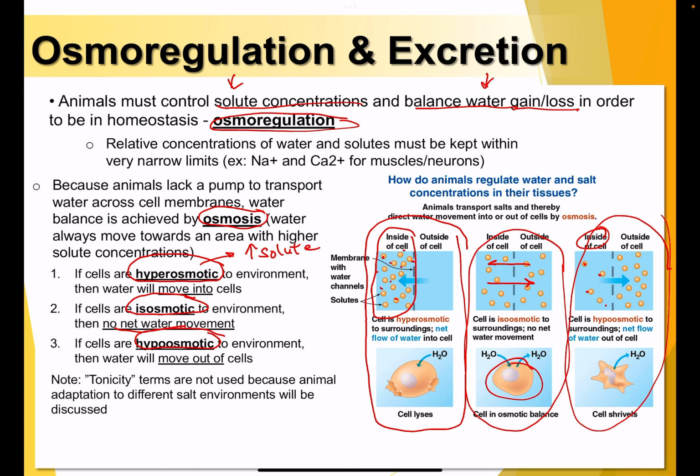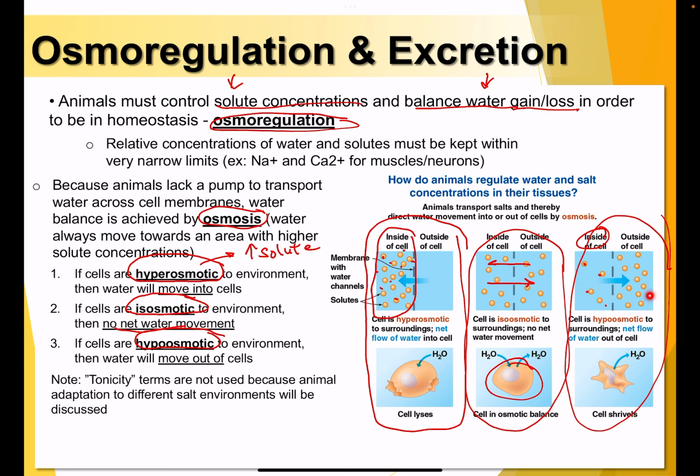Compared to outside of the cell, inside the cell has fewer solutes. Since water always follows salt, it goes outwards because outside has more salt. So water will flow out of the cell.